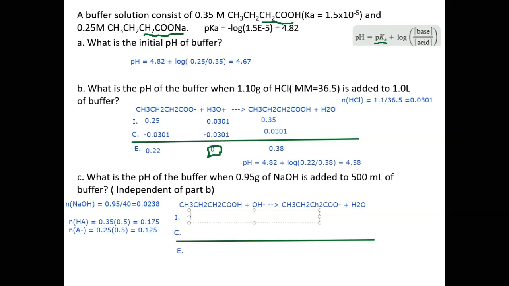So initially, we have those concentrations. The change, all the strong base is going to react with the weak acid to form weak base.